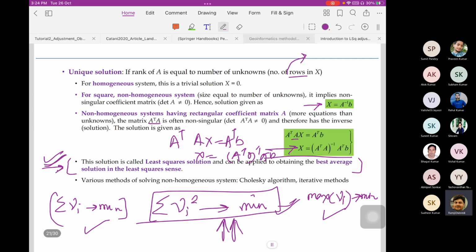In fact, summation of vi to be minimum is also one of the possible criteria, and max vi to be minimum is also another possible criterion. So has any of you given a thought over how to derive this, because this is one part which we wanted to discuss. Obviously, we are going to discuss the same next, but I wanted to ask, have you given a thought? Could anyone give me some explanation on it?